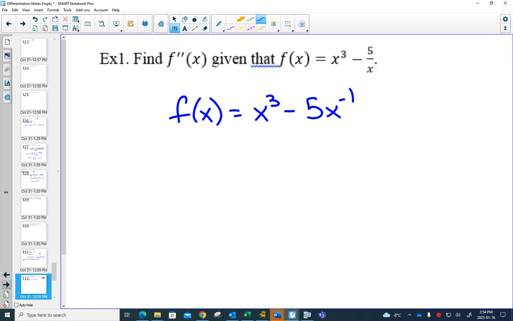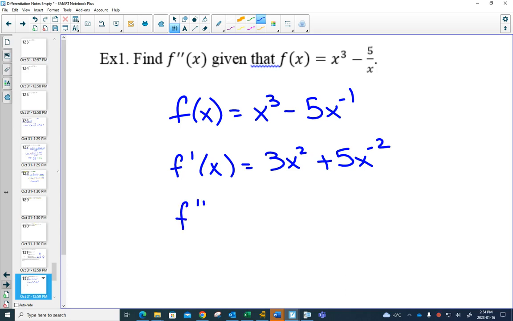But I would probably recommend changing it to an x to the minus 1. Then, your first derivative, well, that'll be 3x squared, and this will be plus 5x to the minus 2. And if you found your first derivative, you could just take the derivative again to find your second derivative.